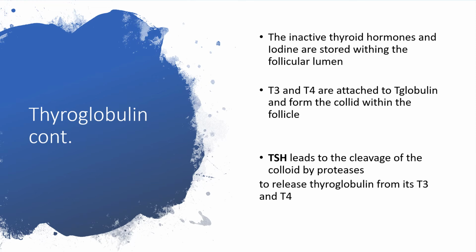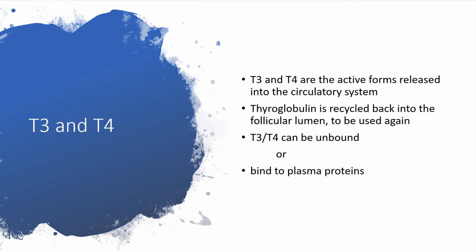Thyroid-stimulating hormone leads to the cleavage of the colloid by proteases to release the thyroglobulin from its T3 and T4. T3 and T4 are the active forms released into the circulatory system. Thyroglobulin is then recycled back into the follicular lumen. For what? To be used again.